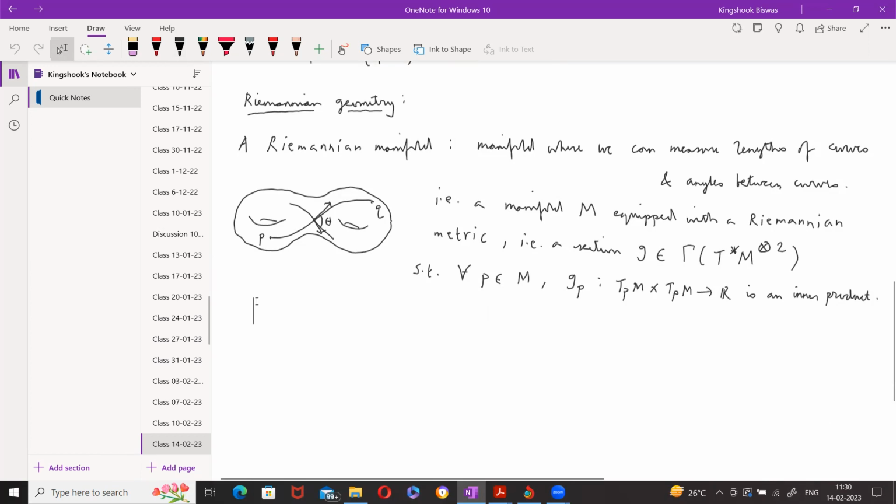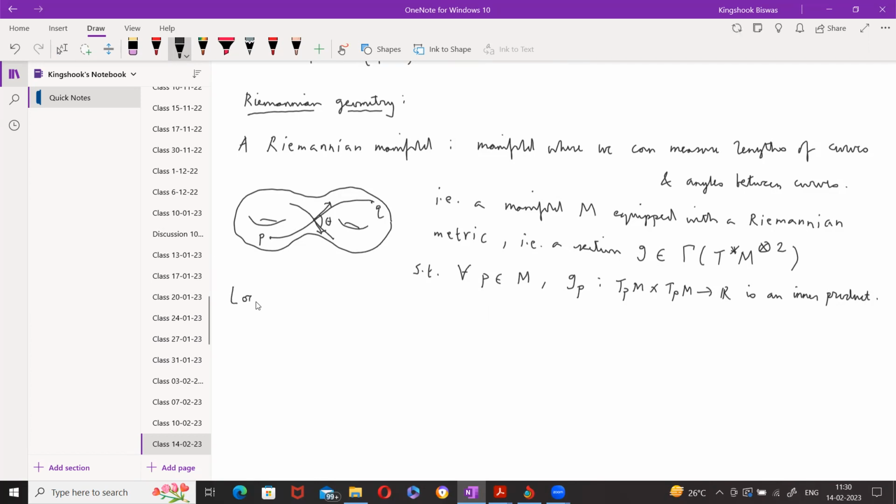So what does this look like in local coordinates? Is that inner product the same as the inner product on Rn if the manifold locally looks like Rn? No. So locally, what does the inner product look like?